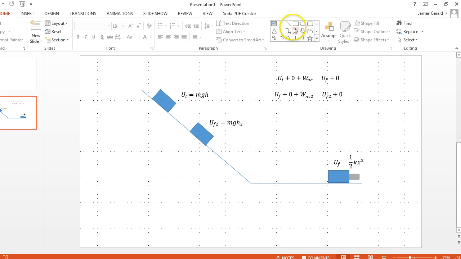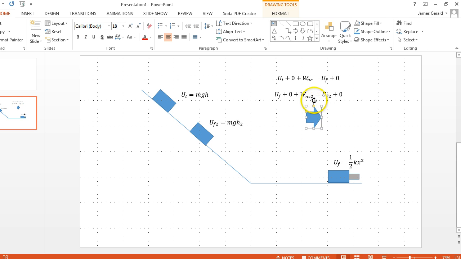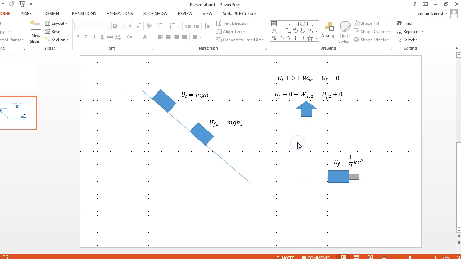What we've got to do is reason our way to what that term right there should be. How does it relate to the total energy that we end up with? What's going to happen as it heads back up? It's going to have a certain amount of kinetic energy.